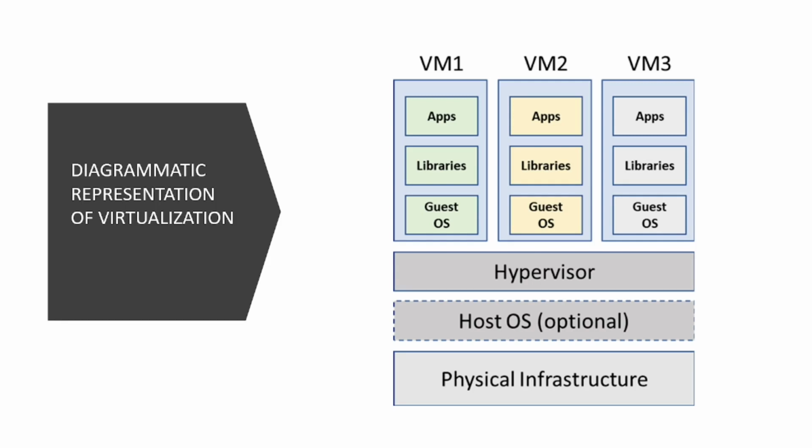The virtual machines are separate entities in themselves, and they all share the underlying physical infrastructure. So it is possible that virtual machine 1 has the guest operating system of Windows with an IIS server running on it, and virtual machine 2 has the guest operating system of Linux with some application running on it.